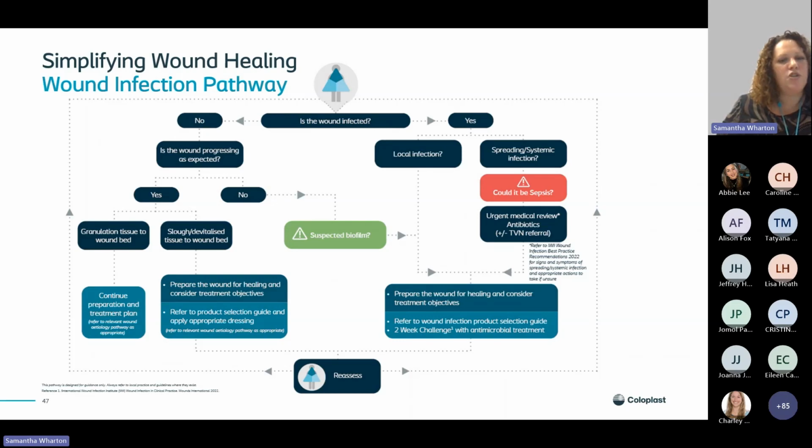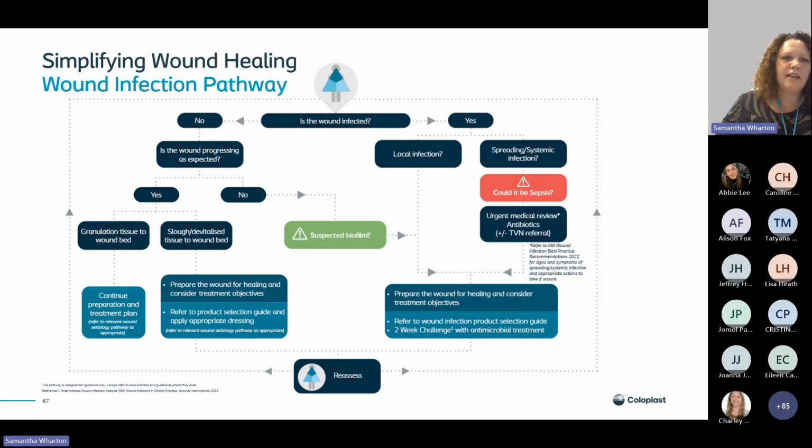And we need to be making sure that we're really preparing that wound well, because what we don't want to do is, if we're leaving that slough, devitalized tissue in the wound bed, those microorganisms will start to proliferate within that material, because it's just going to be the ideal environment for them. You would also look at your product selection guide and choose an appropriate dressing, but look at what the etiology of the wound is and use that pathway as to what dressing you would use.